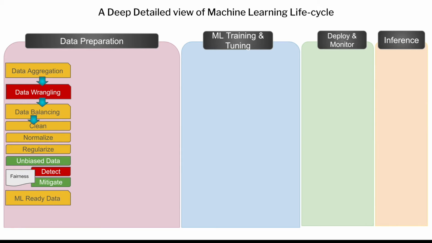So you have to make sure that your data is ready and unbiased. In the last step, when you are performing these various data wrangling methods in your data preparation step, your final and ultimate objective is to generate ML-ready data, meaning this data is machine learning ready. It means that if we try to build a machine learning model, it is highly likely that the model will be of higher quality and can be used for the specific machine learning problem we are trying to solve here.